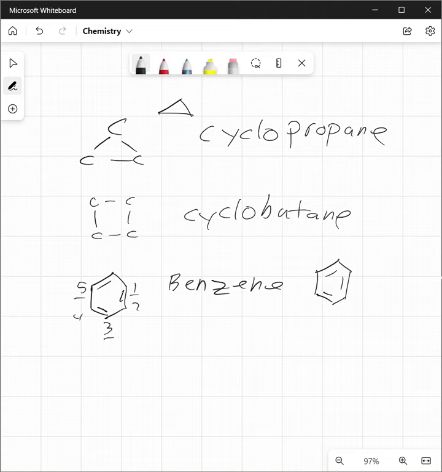And you see benzene rings all the time. Now, don't get a benzene ring confused with cyclohexane. Cyclohexane doesn't have those double bonds. If you see that, that is benzene.